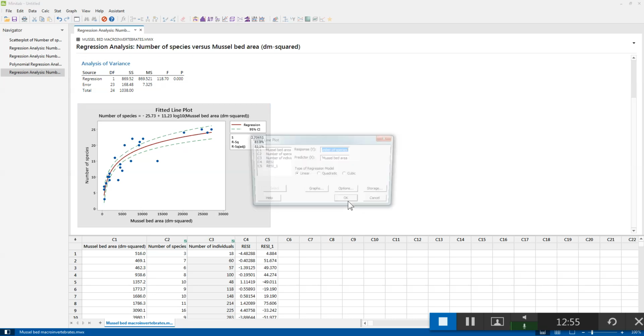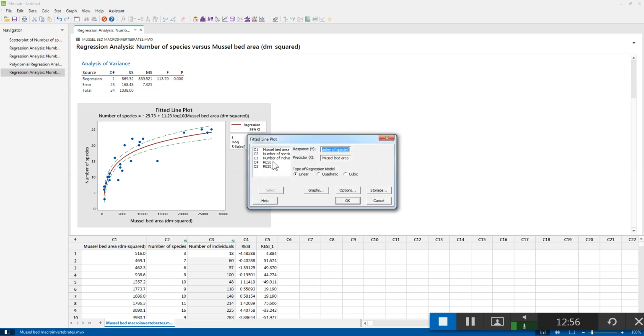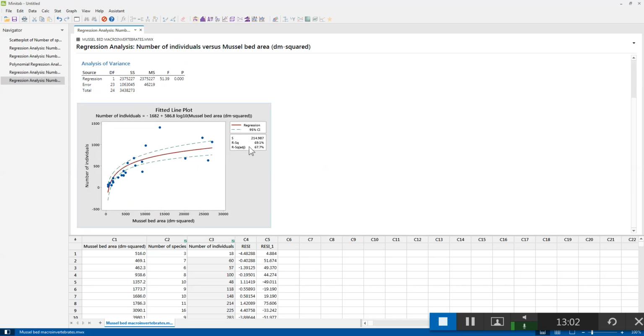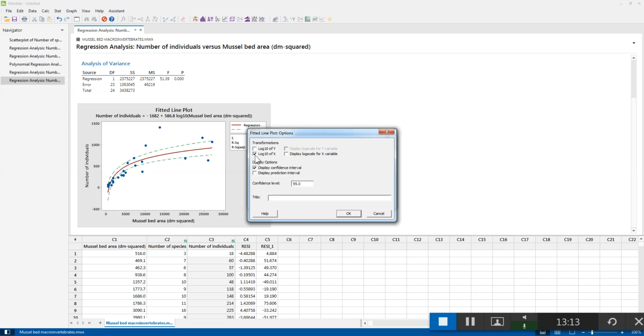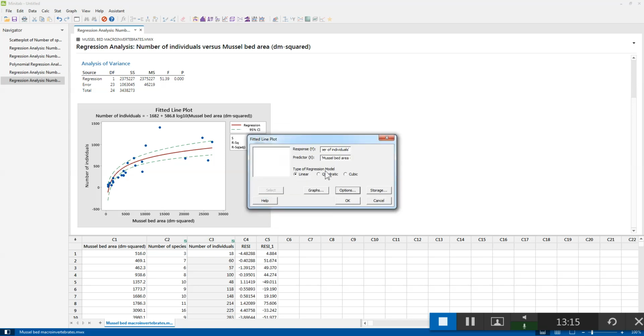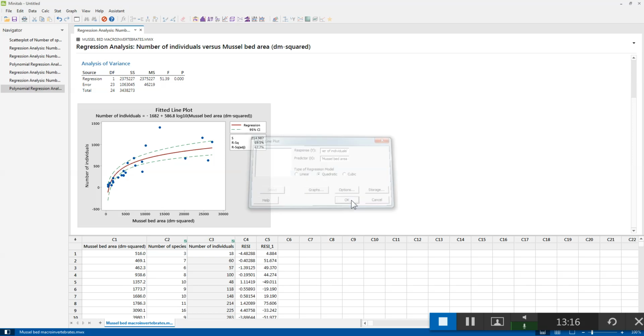If we do the same thing, not for number of species, which was a slightly better fit to the data, but for number of individuals, there R squared is at 69.1%. Let's see what R squared was like when we take out the log 10 of x and go back to the quadratic term.